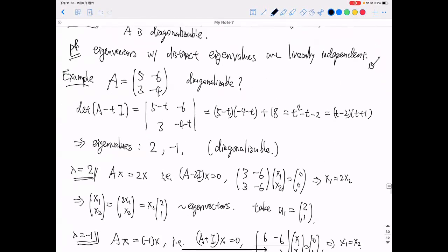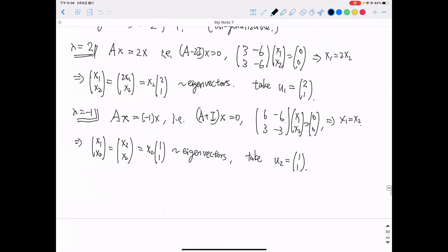So we then have A times [u1, u2] equal to [u1, u2] times diag(lambda 1, lambda 2). Lambda 1 is 2, and lambda 2 is minus 1.